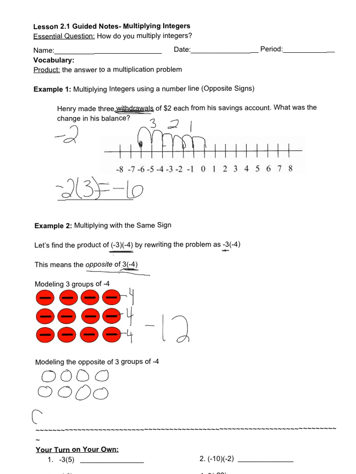Don't mind my lovely circles here. And the opposite of 3 groups of -4 is going to have to be 3 groups of +4, because I know that there's only one number that is the opposite of a -4, and that is a +4. So each one of these is a positive, or in class, this would be a yellow counter.